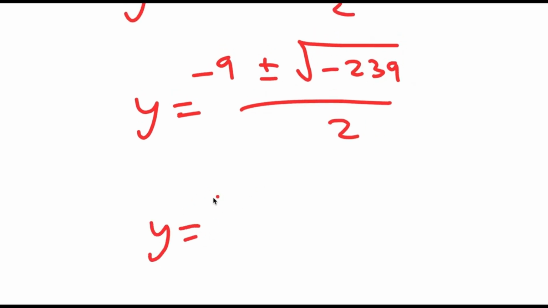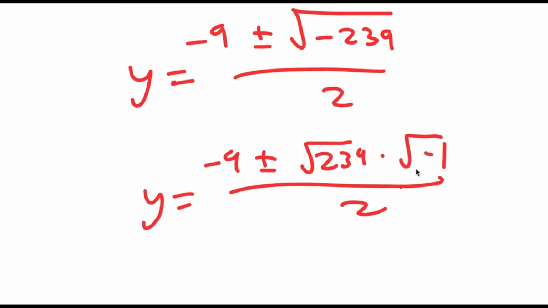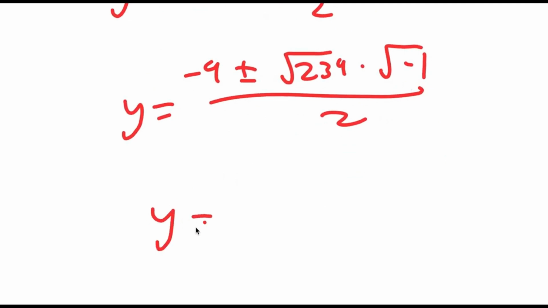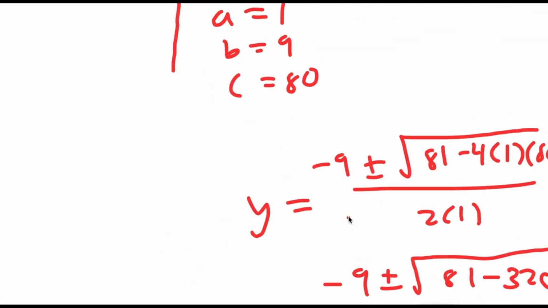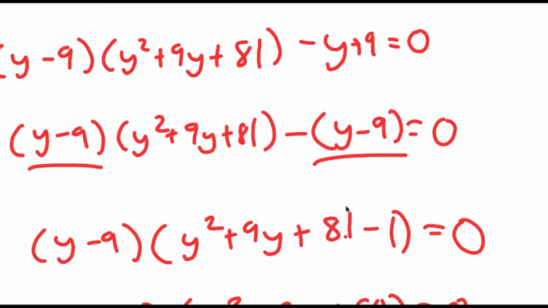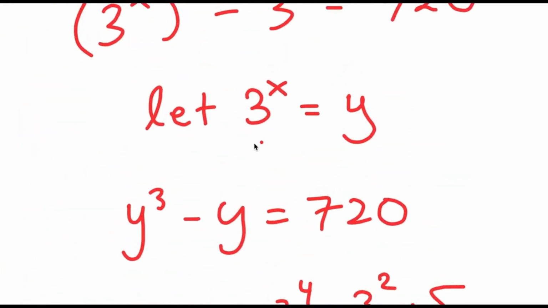So what I'm going to do is rewrite this as the square root of 239 times the square root of negative 1 over 2. And the square root of negative 1 is equal to the imaginary number i. So I get negative 9 plus or minus the square root of 239 i over 2.